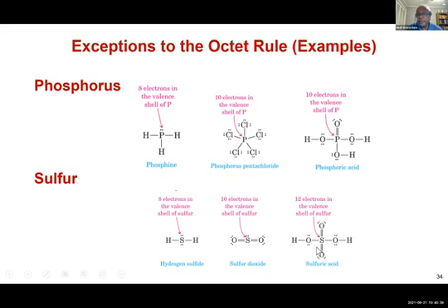This is 12 electrons in the sulfur, in sulfuric acid. 12 from 1, 2, 3, 4, 5, 6. 6 times 2 is 12 electrons. So there are exceptions that you have to keep in mind. Everything is not perfect.